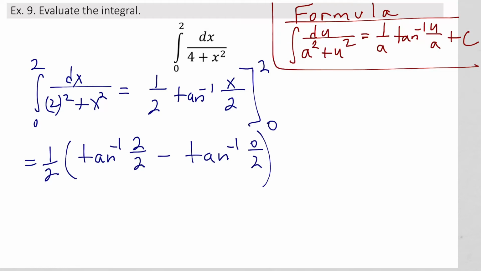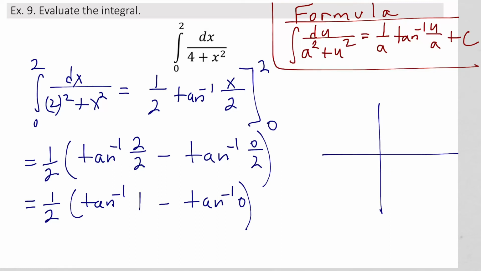So what I did there was I substituted 2 in for x and 0 in for x. So that's equal to 1/2 the inverse tangent of 1 minus the inverse tangent of 0.